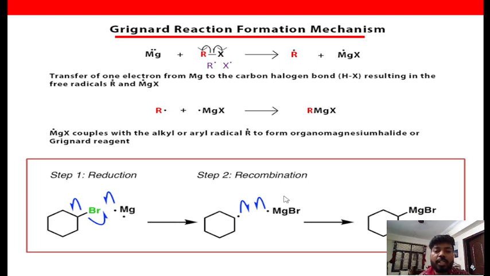This is the general mechanism shown in this slide. Magnesium has 2 electrons available in its valence shell, and homolysis of the alkyl halide provides a radical. This alkyl radical combines with one electron of magnesium to form the MgX radical. Later there is recombination of the R radical with MgX.